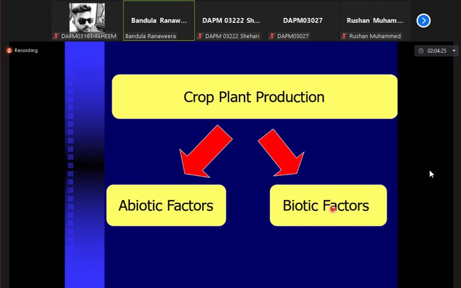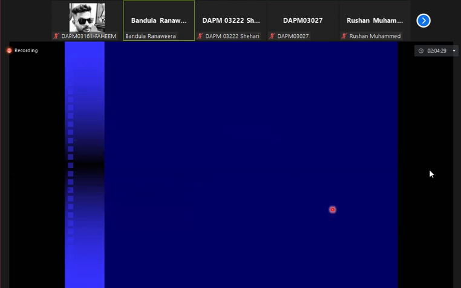So all are biotic factors. So there can be a lengthy list, maybe an unlimited number, of organisms sometimes damaging our crops.